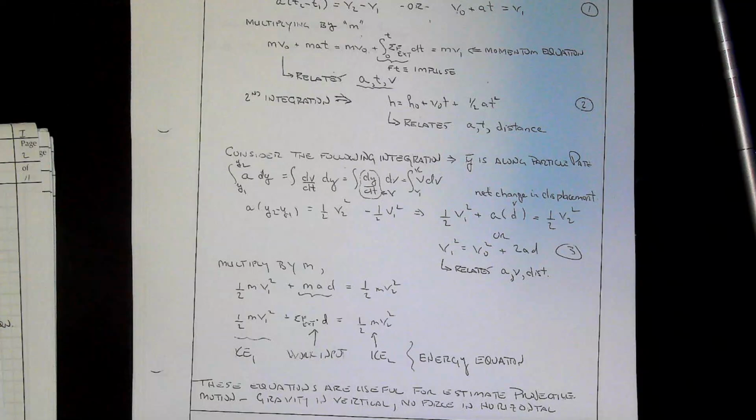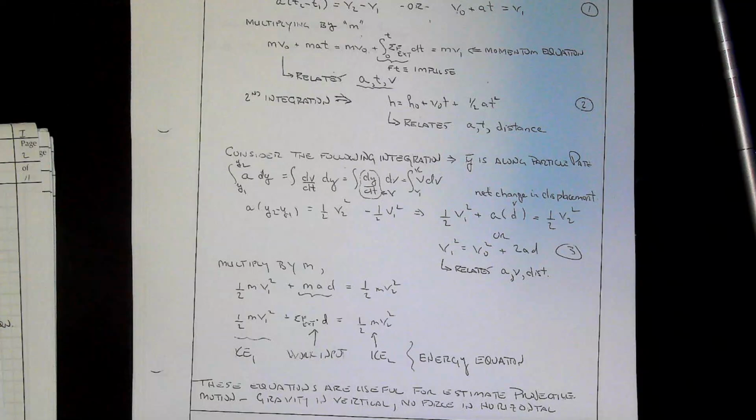But what is mat? ma is the sum of the forces, so I can re-substitute that in. So I have mass times initial velocity plus the integral of the forces equals mass times velocity in the second state, in this case labeled 1. All right, this is the momentum equation, which hopefully you've all seen before. So this equation here that you used is nothing but momentum.